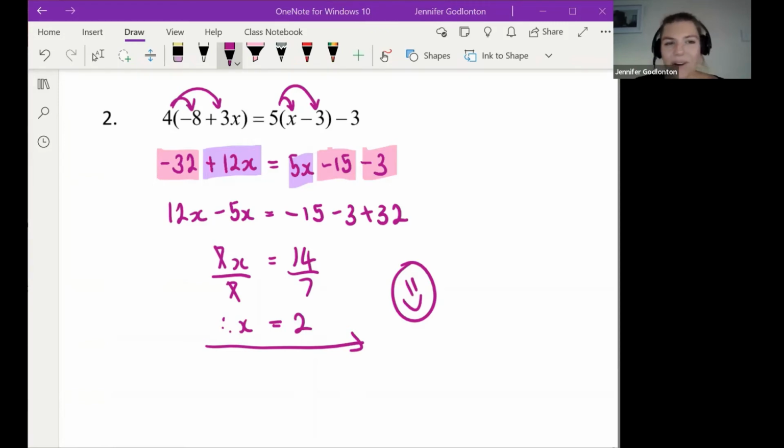Okay, Nkateko, how can I help? Hi, ma'am. I felt so confident about my answer, but it's wrong. Okay, tell me where. How did you get the 14? Because what I did, after 12x minus 5x, I said equals to 36 minus 15 minus 3.